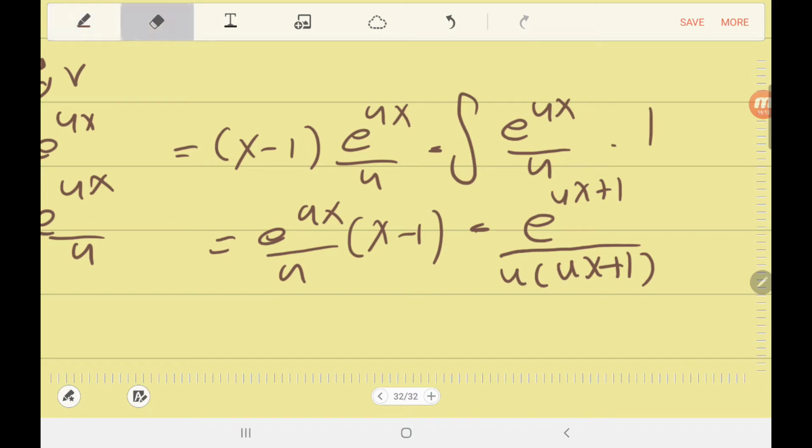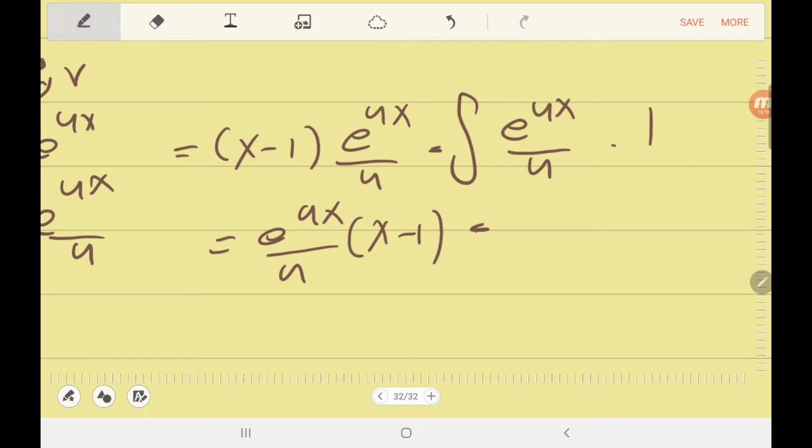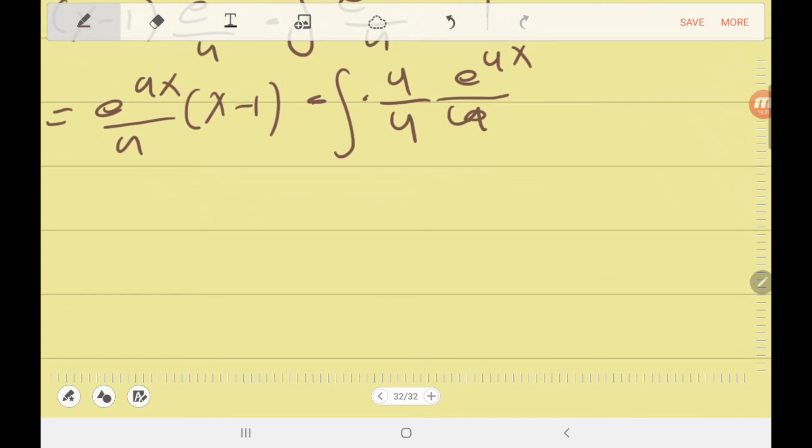Or wait, no. If we want to integrate that, I need the differentiation of this. So I multiply it by 4 over 4, then I can integrate it normally. 4e to the 4x, yes, since the differentiation is outside, then I can integrate it.